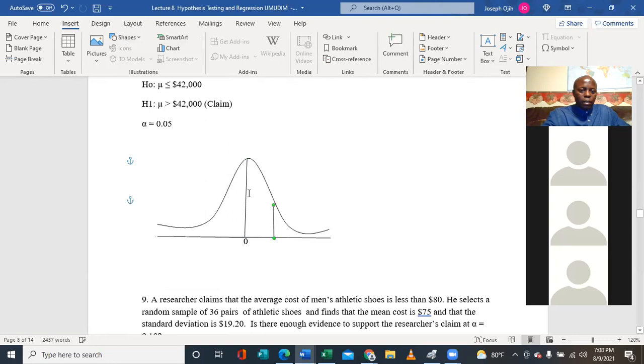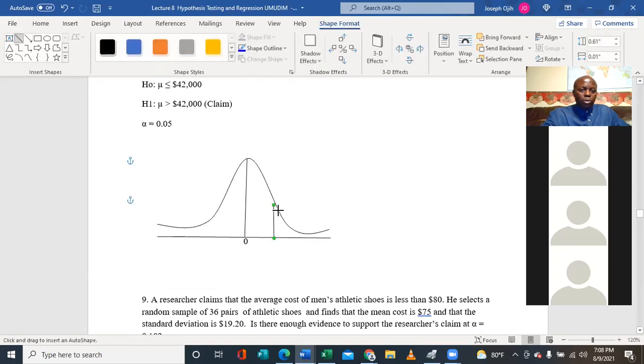And then we can shade. Because it is greater than, that's why it is on the right there.